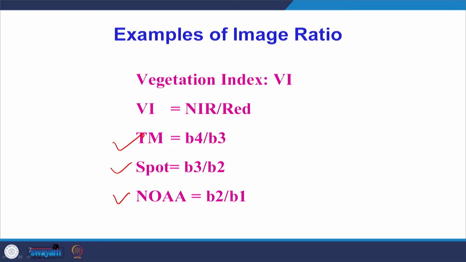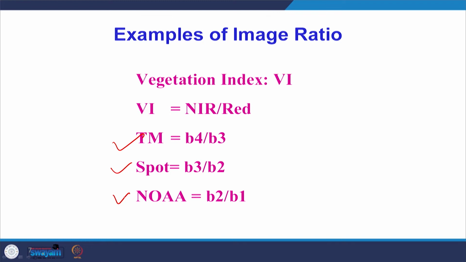Now, what the authors in several studies have done is this. Normally 3 or 4 band data is the common data available from multispectral sensors, and we also have data in more than 4 bands. So we can create various vegetation indices by combining different bands.